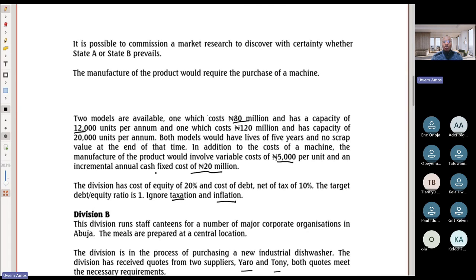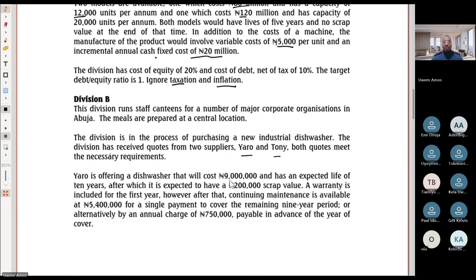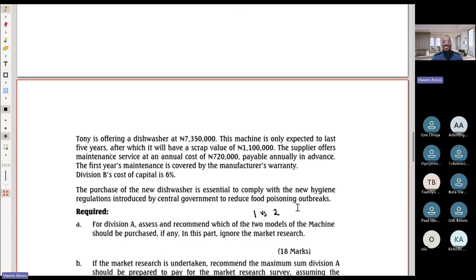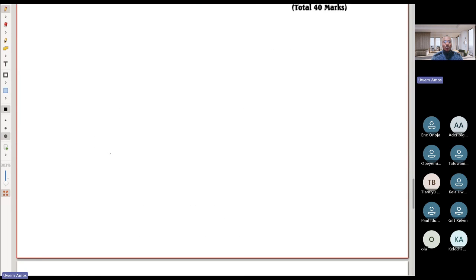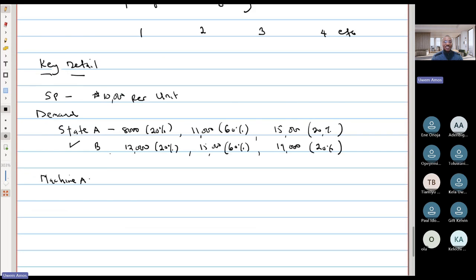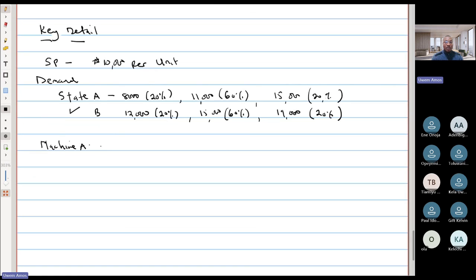Machine B costs 120 million and has a capacity of 20,000. So the big decision would be which of these machines do we buy? That's what the question is really focused on.